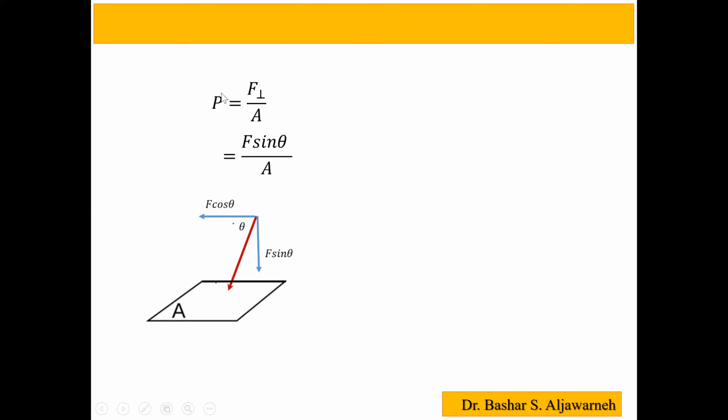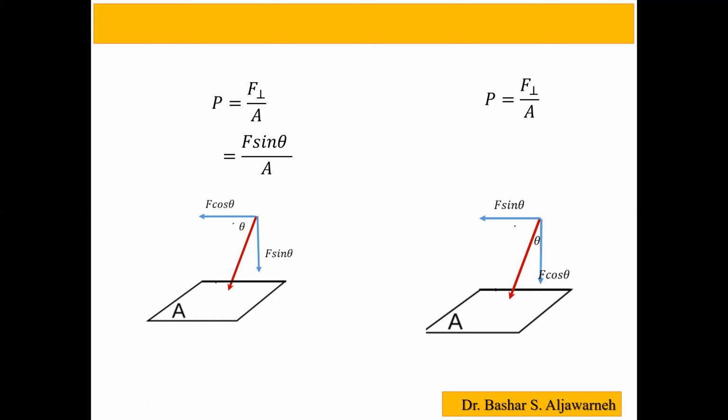So the pressure here will be F sine theta divided by area instead of F divided by A. Second case, I want to change the position of the angle, as you can see here. Therefore, the perpendicular force is F cosine theta instead of F sine theta, and the pressure will be F cosine theta divided by A.